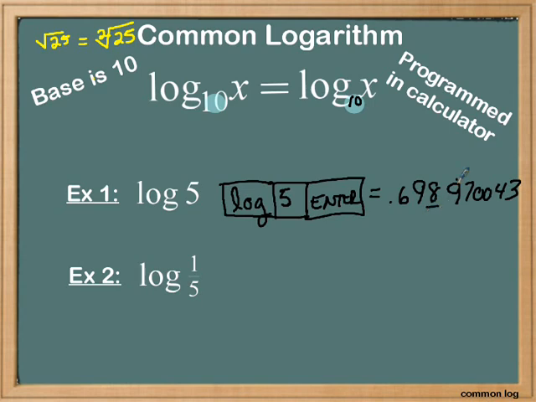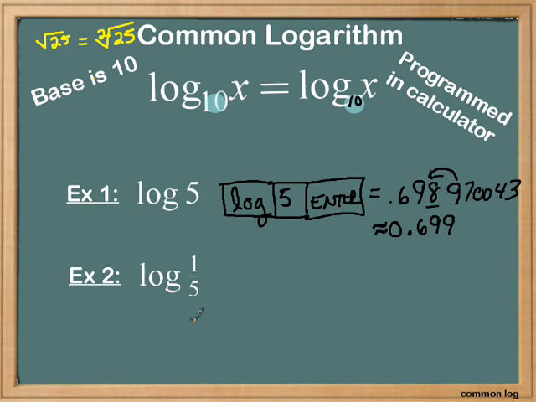So we're going to look to the 9 and ask ourselves if that's going to go up or stay the same. And the answer is it will go up, and so 0.699 is the answer, and it's an approximation, so we'll use the approximate symbol. That's all you got to do. So go ahead and try that example 2 all by yourself and see what you get.